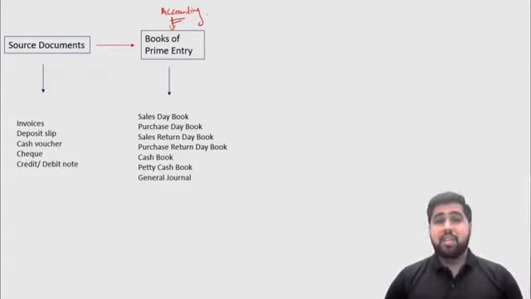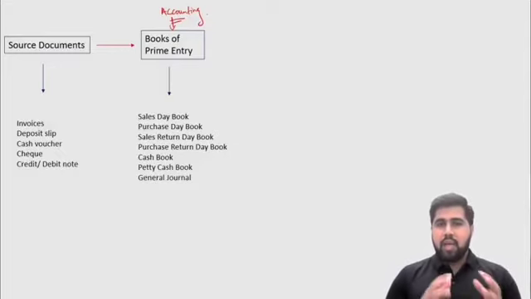And finally, the general journal. All the entries that do not fall in any of the above 6 books of prime entry are entered into the general journal. For example, recording of depreciation, amortization, impairment, right? So all of these things are recorded in the general journal, right?